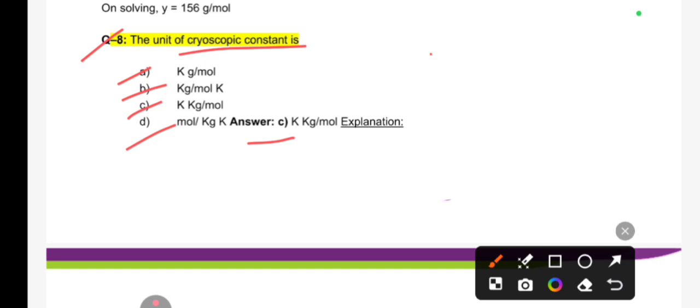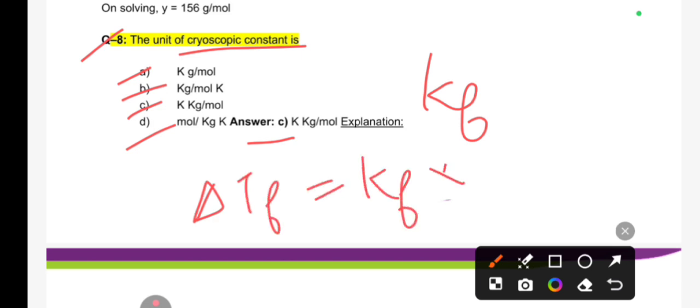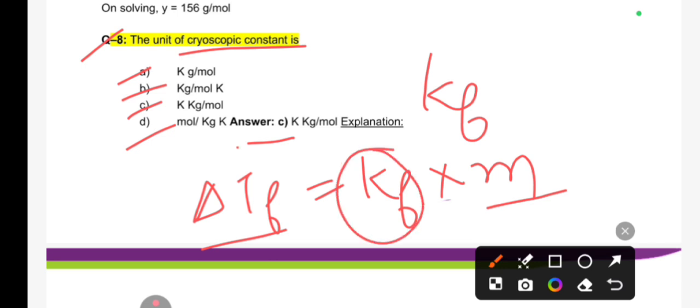Actually it is the other name of Kf. We know delta Tf is equal to Kf into molality. So knowing the units of molality and delta Tf, you can solve for Kf. After getting the answer, you will get Kelvin kilogram per mole.